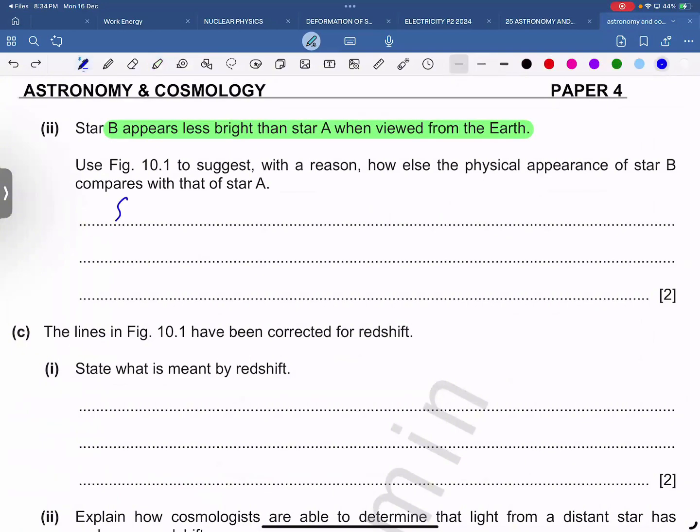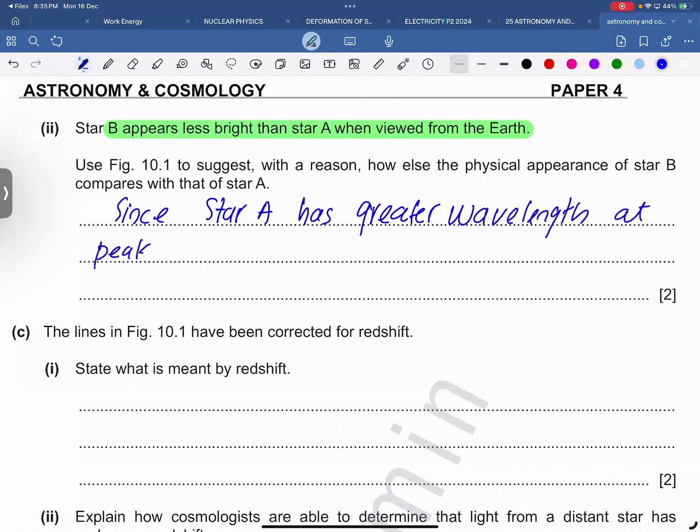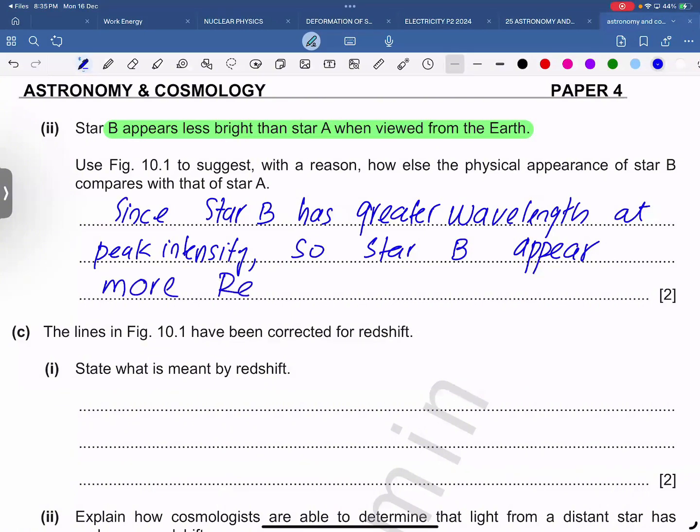Since star B has a greater wavelength at peak intensity, star B appears more red than A. Yes, Taha, you are right, my dear.